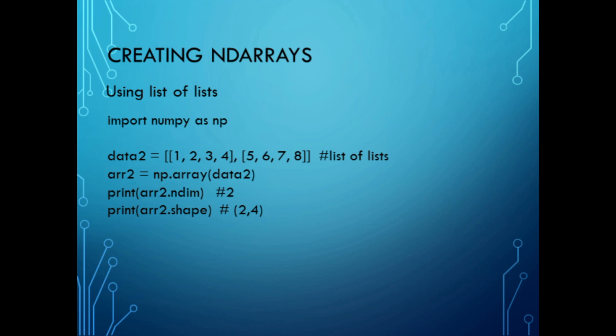If we print the dimension using ndim, it returns 2. Shape is another function used with arrays, and it returns 2, 4, that is 2 rows and 4 columns.